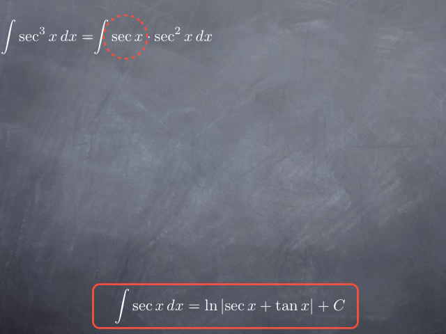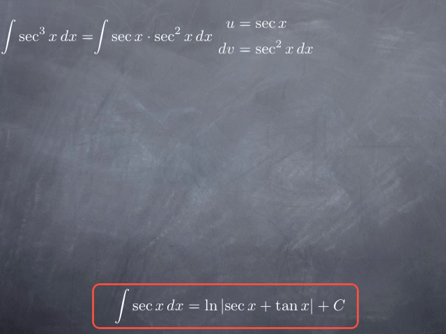It looks complicated to integrate this. We know how to differentiate it though. The derivative of secant x is just sine x secant square x. Secant square x on the other side is easy to integrate because it's a derivative of tangent. In other words, an antiderivative of secant square is tangent x.